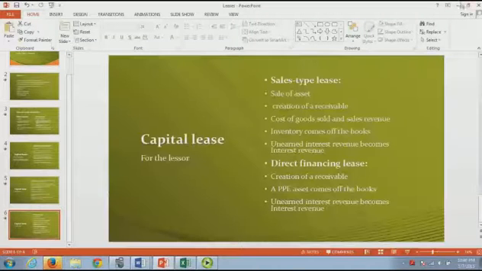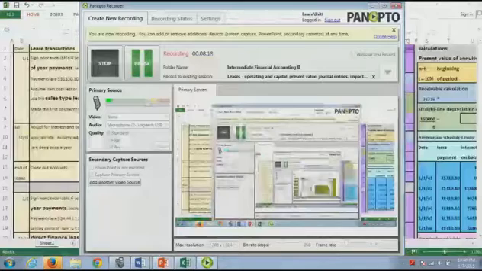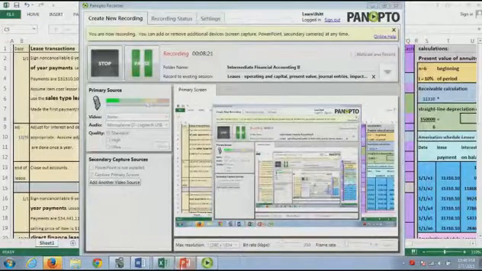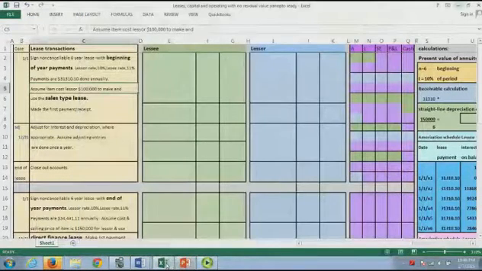Okay, so let me pull up my example. Here we're going to take a look at one lease. We'll go through one year, and in the first iteration, we'll say the lease payments happen always at the beginning of the period.